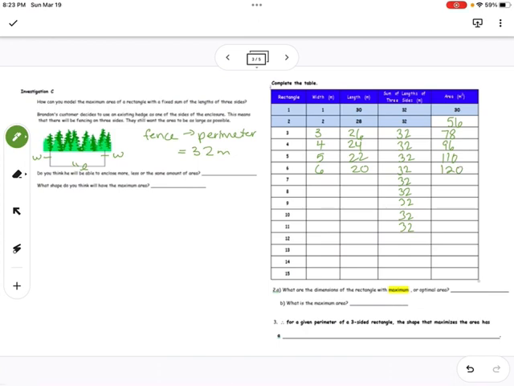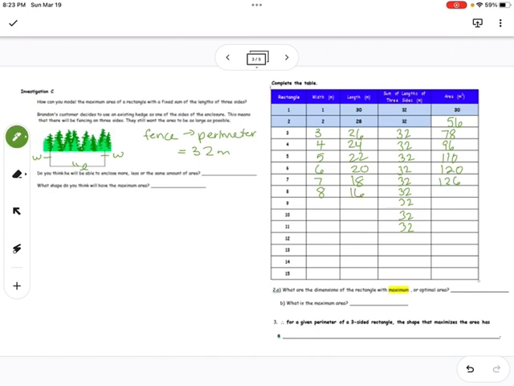Next one, we can have a width of 7. 7 plus 7 is 14. 32 minus 14 gives us 18. And 7 times 18 for the area will give us 126. Next width can be 8. 8 plus 8 is 16. 32 minus 16 is 16.